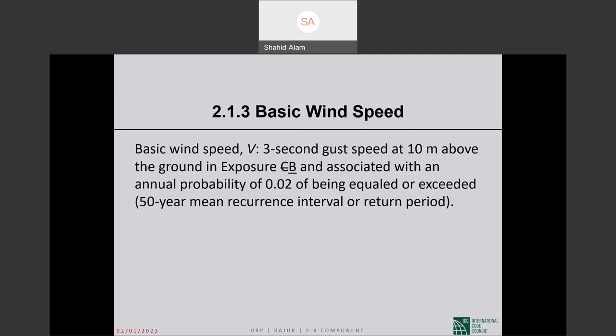So when you see the capital V in BNBC, it indicates all of that: the 3-second gust speed at 10 meters above ground of exposure B, associated with a return period of 50 years.